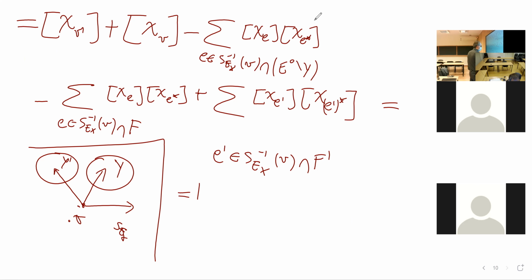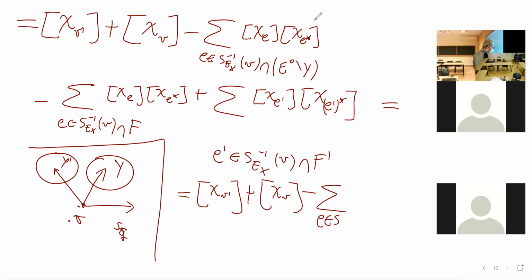As of course, chi v prime plus chi v, but minus the sum over E running over the entire preimage of D under SEX, chi E star.